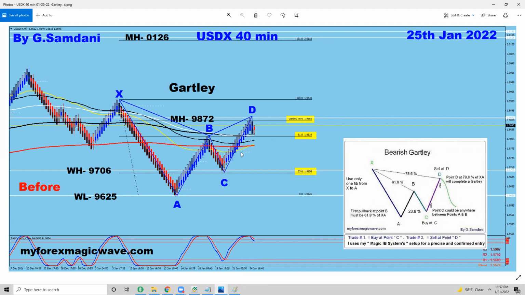But these patterns don't move the market. The market is moved by the fundamentals, the news, right? At this time, it was a day before the big FOMC news about the US dollar index. So I said, okay, if the news comes out bad for USD, it's going to get weaker. That means this pattern will start playing out and it will drop like this.